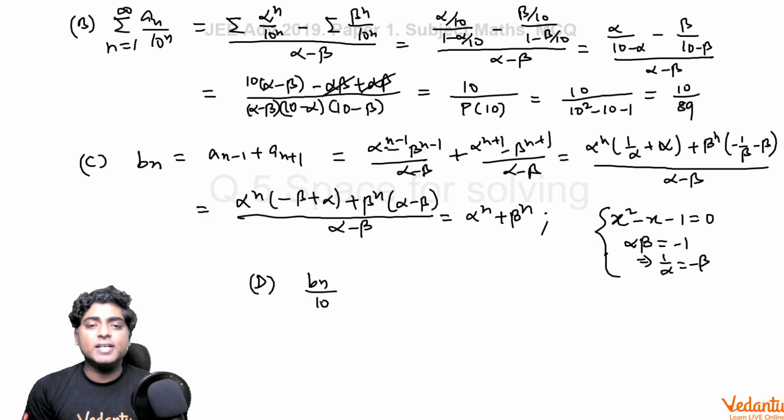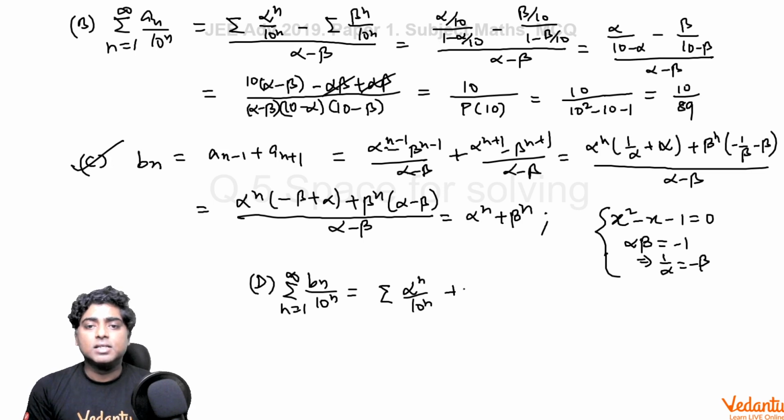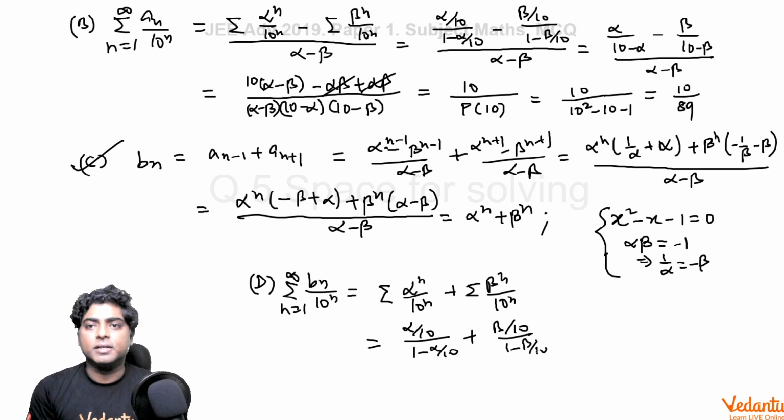So sigma Bn upon 10 raised power n, from n equal to 1 to infinity, can again be written using the fact we just found that Bn is alpha raised power n plus beta raised power n. So I can write sigma alpha raised power n upon 10 raised power n plus sigma beta raised power n upon 10 raised power n, ranging from 1 to infinity. Again using the formula of infinite GP, alpha by 10 upon 1 minus alpha by 10, plus beta by 10 upon 1 minus beta by 10.